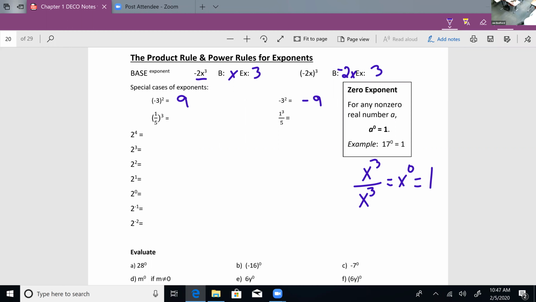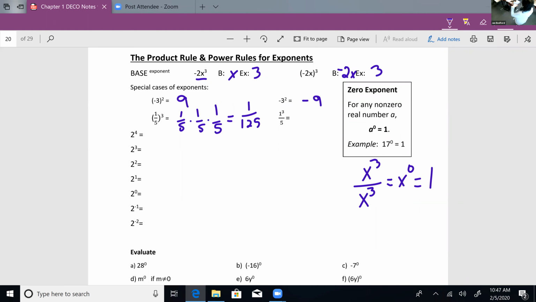Now, what do you think a fraction raised to a power is going to be? 1/5 raised to the 3rd power means what? Means multiply it times itself 3 times. So that's 1/5 times 1/5 times 1/5, which would equal what? 1 times 1 times 1 is 1 over 125.